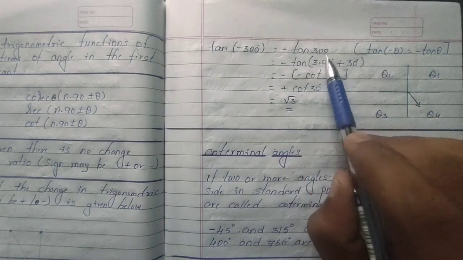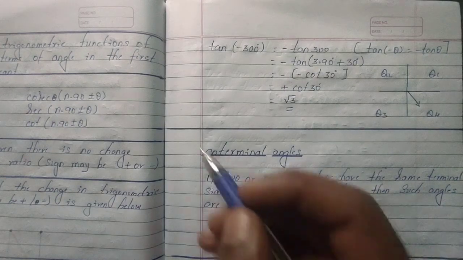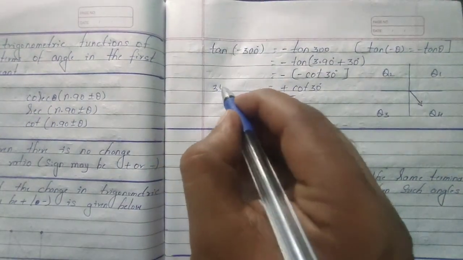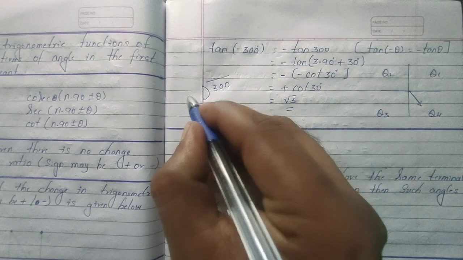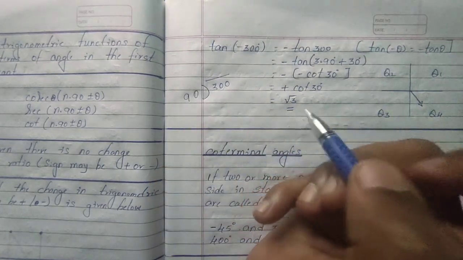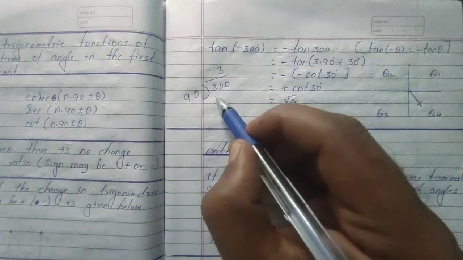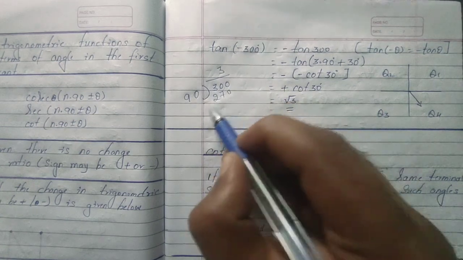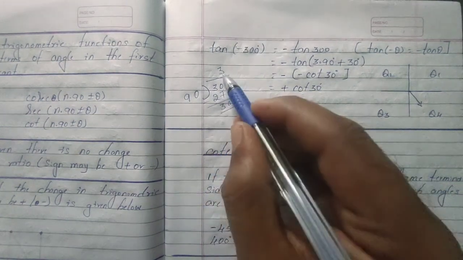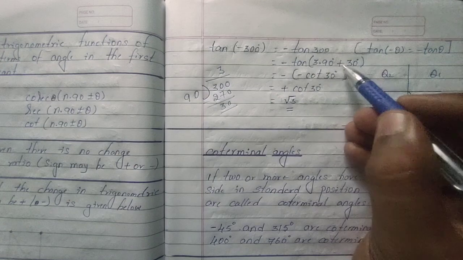This tan 300, take 300 divided by 90. 3 into 90 is 270, remainder 30. 3 into 90 plus 30 degree.